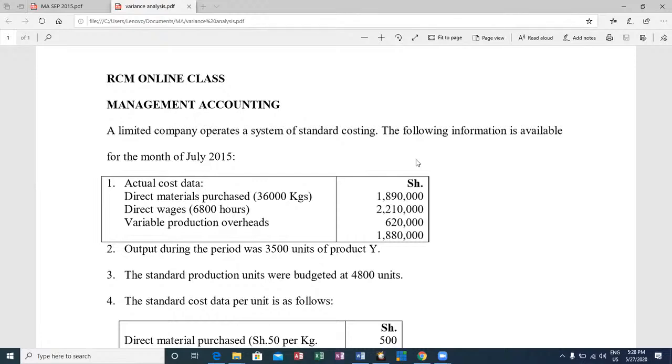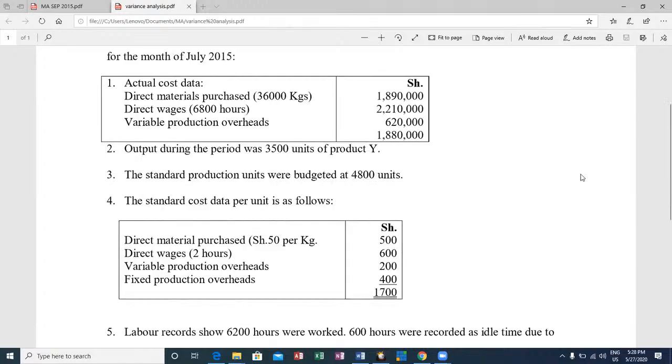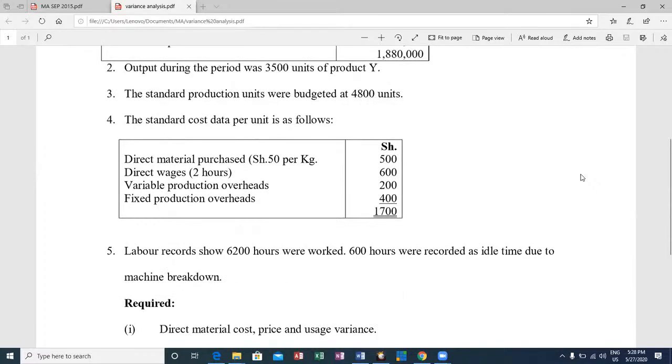Note 3. The standard production units were budgeted at 4,800 units. Note 4. The standard cost data per unit is as follows. We could scroll a little bit. Please underline for me if you have your past papers there, they have given us the standard cost data per unit.